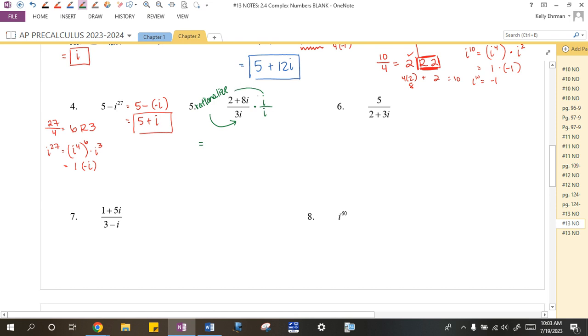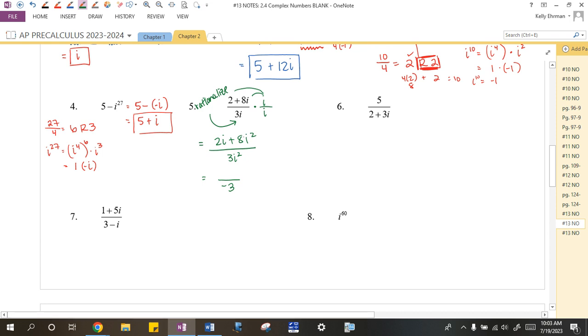In the numerator, you distribute your i through the binomial, 2i plus 8i squared. The denominator, 3i times i, becomes 3i squared. Your goal when you rationalize is to not have the radical, or not have the i, in the denominator. And this works because 3i squared is negative 3.